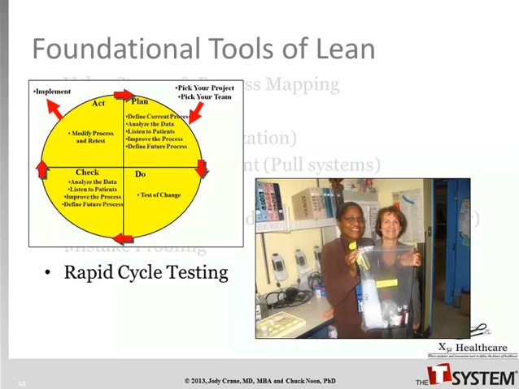And then it's about implementing good old-fashioned change management techniques, rapid cycle testing, making sure that you plan, do, check, act. This is an example from Montreal where Chuck was doing a project with a transport team, and during that event they realized there's a lot of time wasted with the techs in the CAT scan department running up to drop off contrast to patients up on the floors.